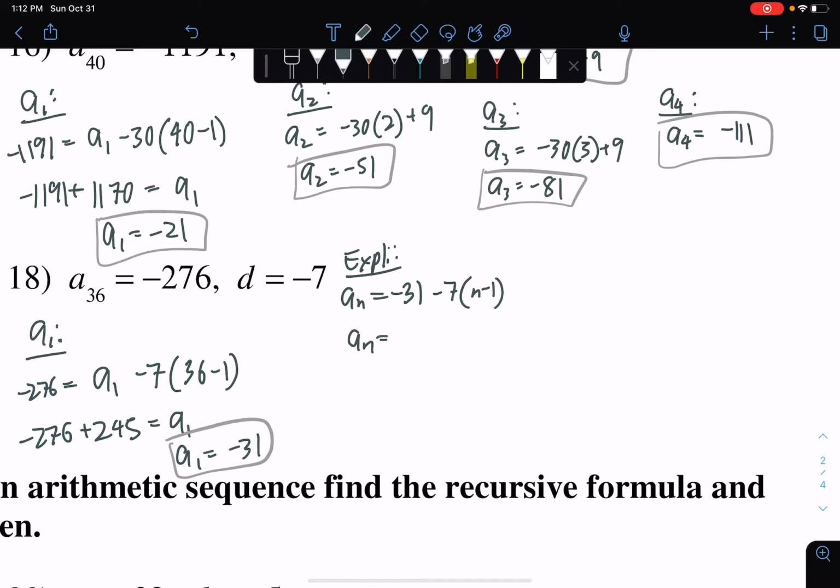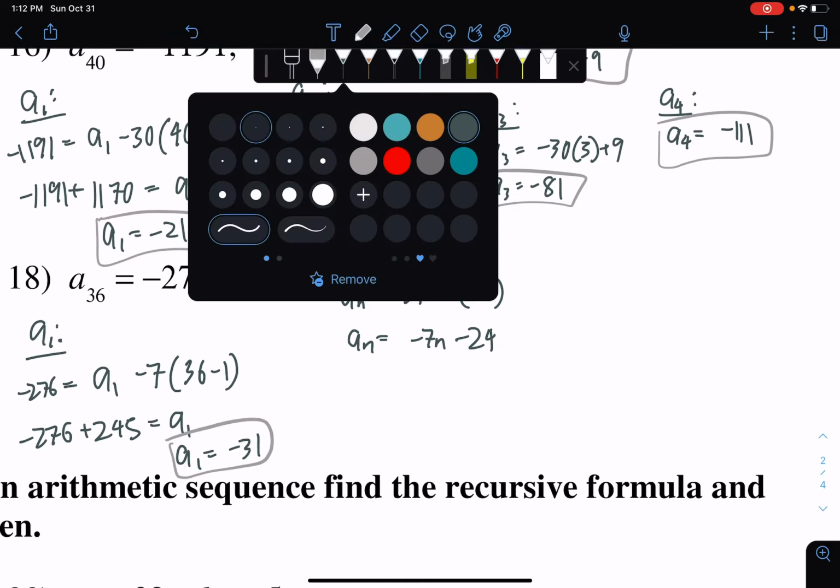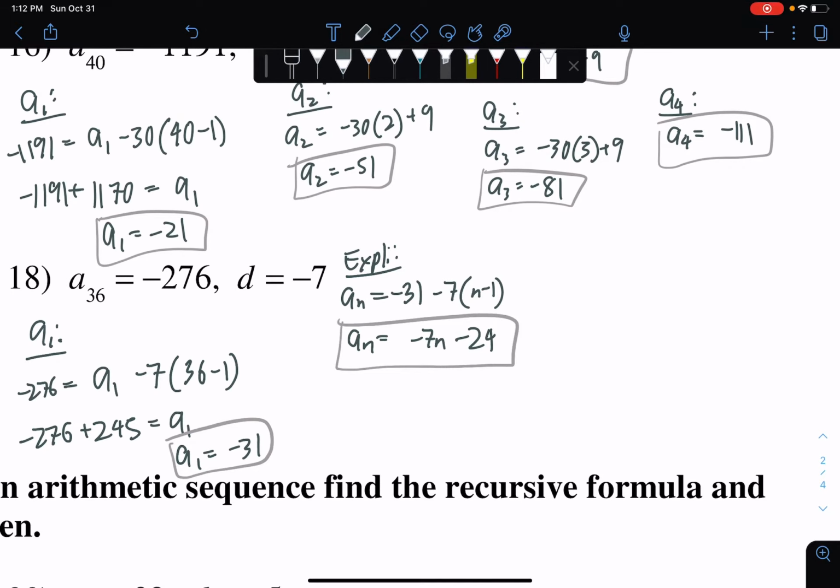A sub n is equal to negative 7n. Negative 31 plus 7 is negative 24. That is our explicit formula. A sub 2 is equal to negative 7 times 2 minus 24. A sub 2 is negative 14 minus 24, which is negative 38.